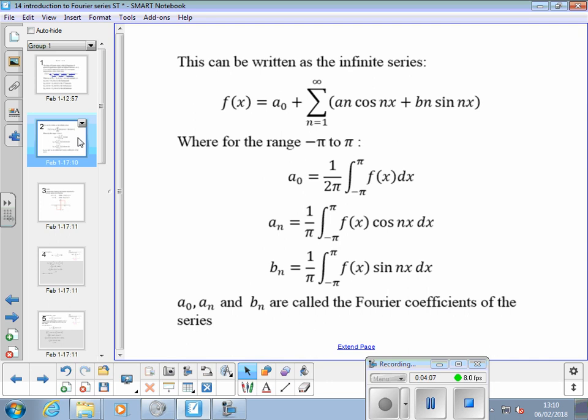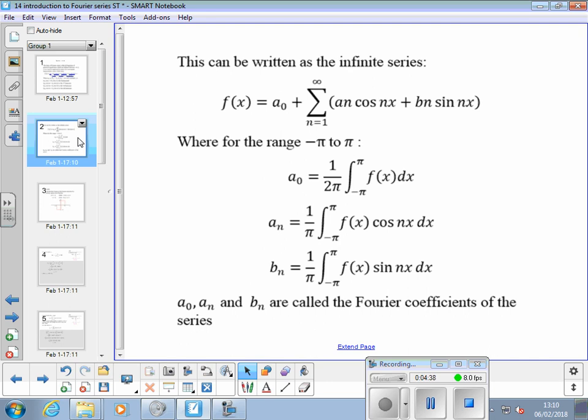Each term An we can find from 1 over pi times the integral between minus pi and pi of the function times the cosine of nx dx, and then we find the B terms from 1 over pi times the integral between minus pi and pi of the function times the sine of nx dx. So this involves some integration from what we did in maths last year.